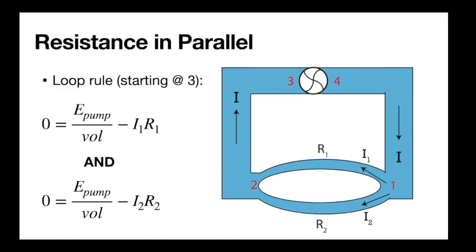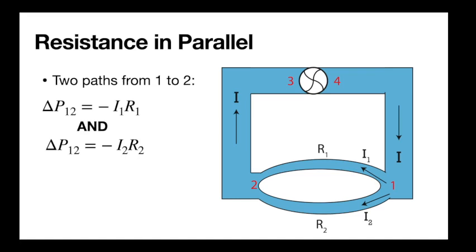Not every unit of fluid that goes through here is going to also go through here. In fact, none of it will. It has to pick. So I1 and I2 have to add up to I, which is our junction rule. We have our total current, and that's made up of the individual currents that go into the junction.